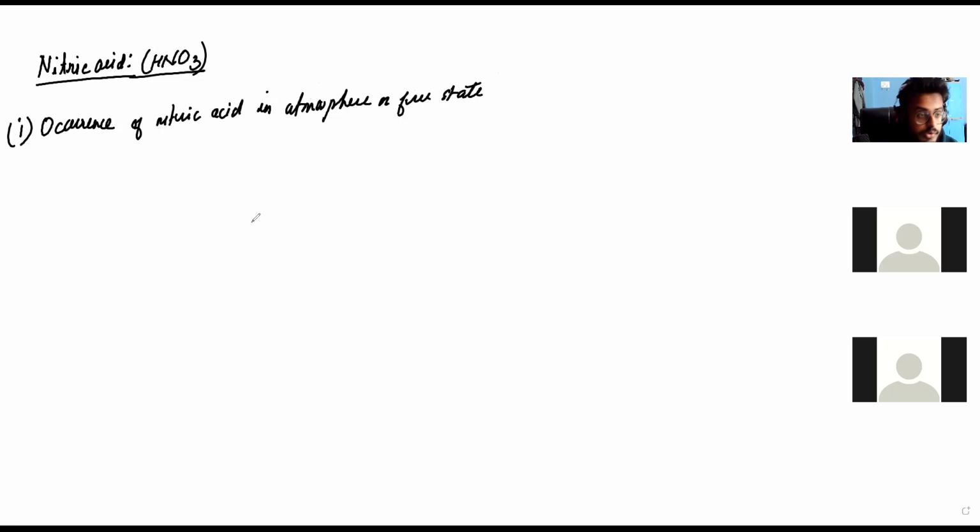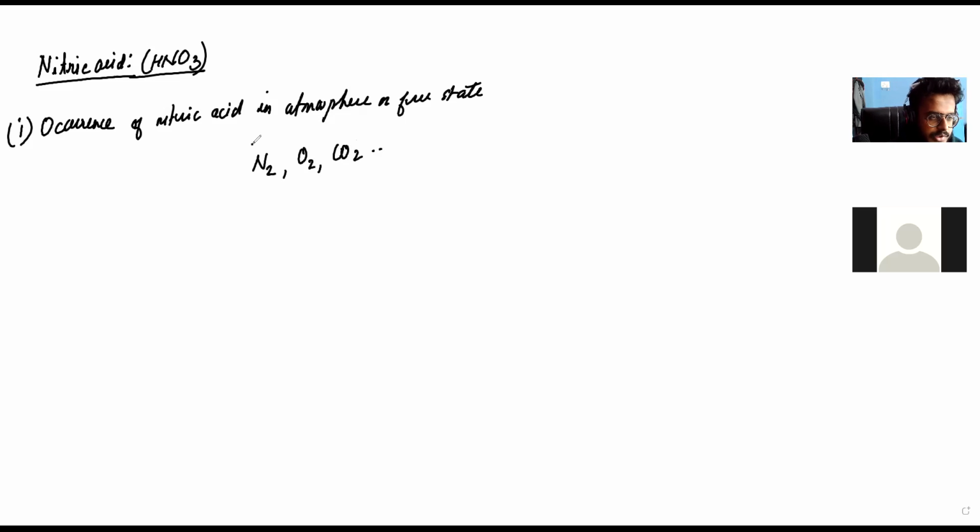So we know that our atmosphere is made up of nitrogen, right? Our atmosphere has nitrogen gas, oxygen gas, carbon dioxide gas, and a lot of other gases mixed together, and all those gases mixed together form our atmosphere, right?